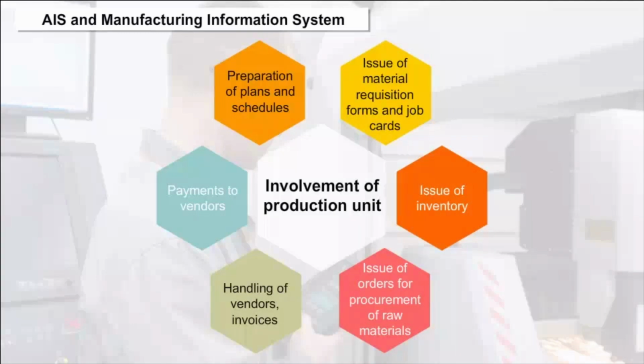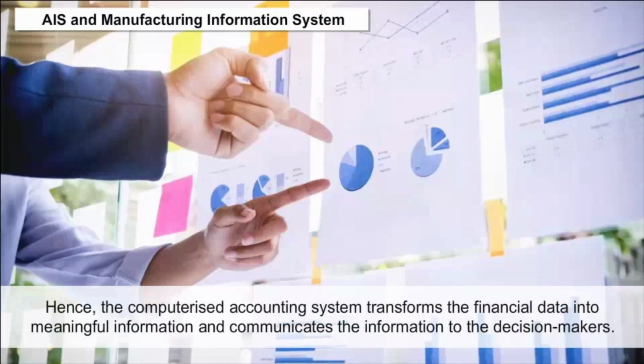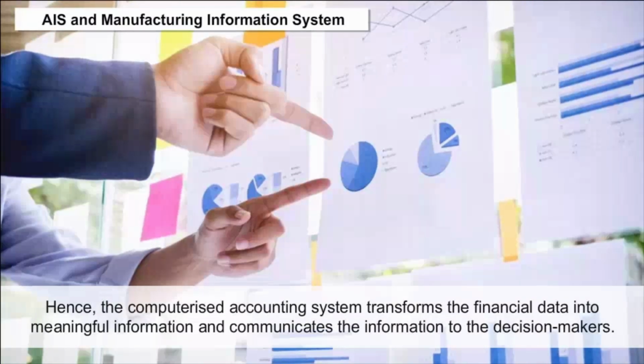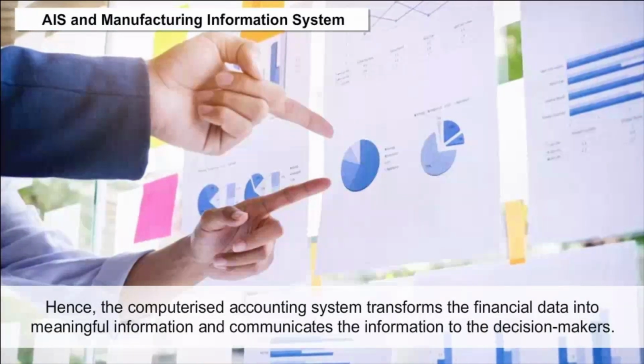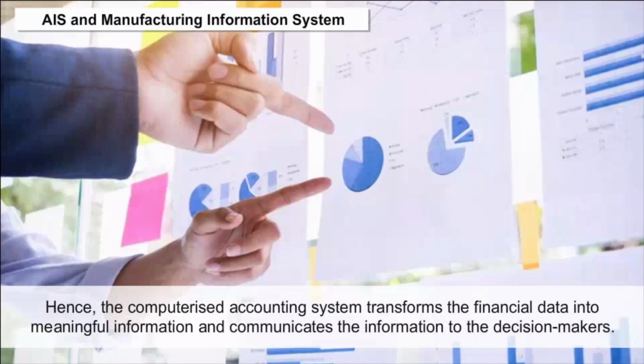All of this information has to be shared with the other MIS in the organization. Hence, the computerized accounting system transforms the financial data into meaningful information and communicates the information to the decision makers.